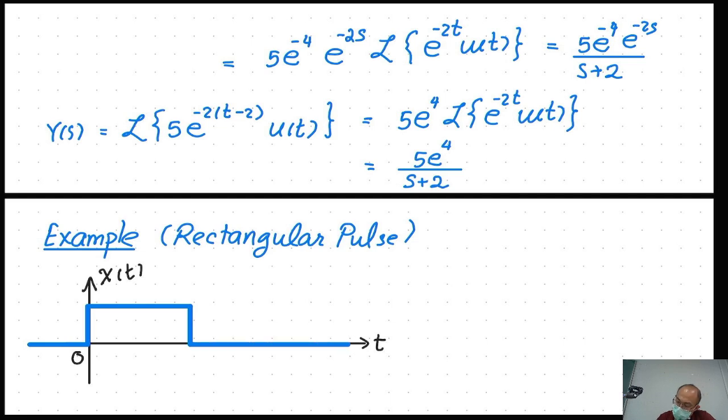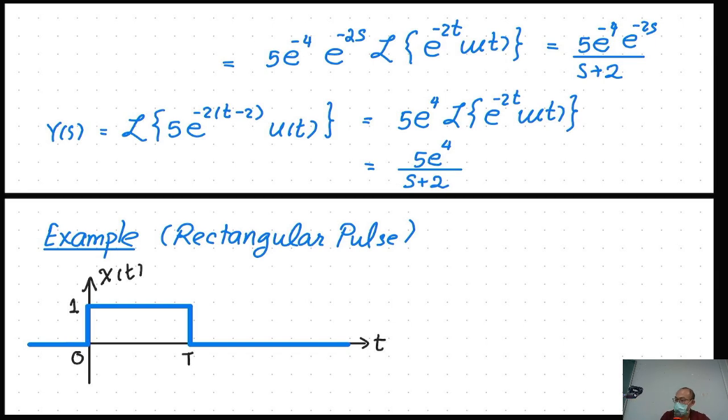I want to find the Laplace transform of this one. You think you can do it? This pulse, we call a rectangular pulse because it takes the form of a rectangle. The height of this pulse is 1. The width of this pulse is capital T.